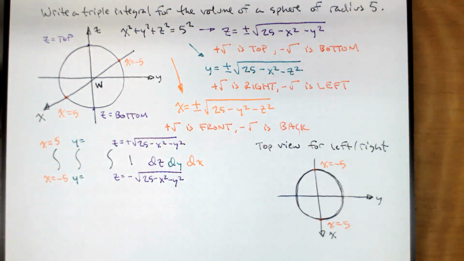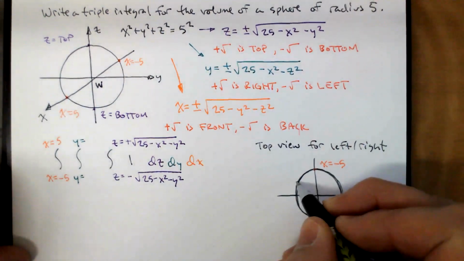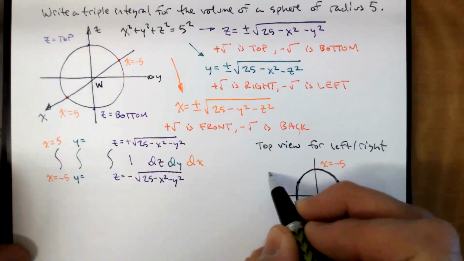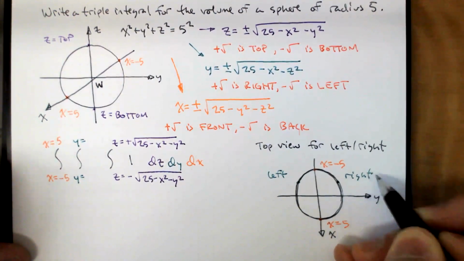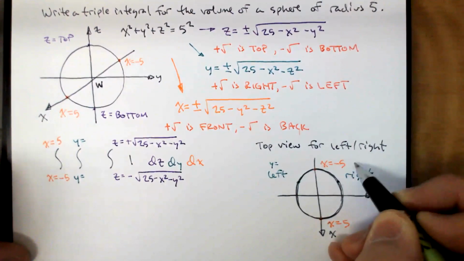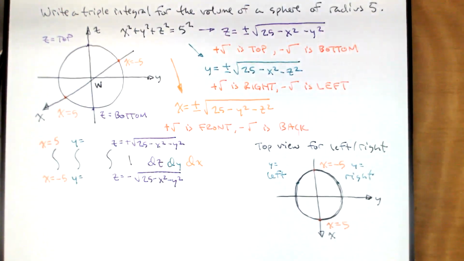So I just need to go left to right on this circle, x squared plus y squared equals 5 squared. But not the left and right hemispheres. We're just dealing with the circle. So on the left, we'll start with the negative square root, and we'll go to the right, the positive square root.